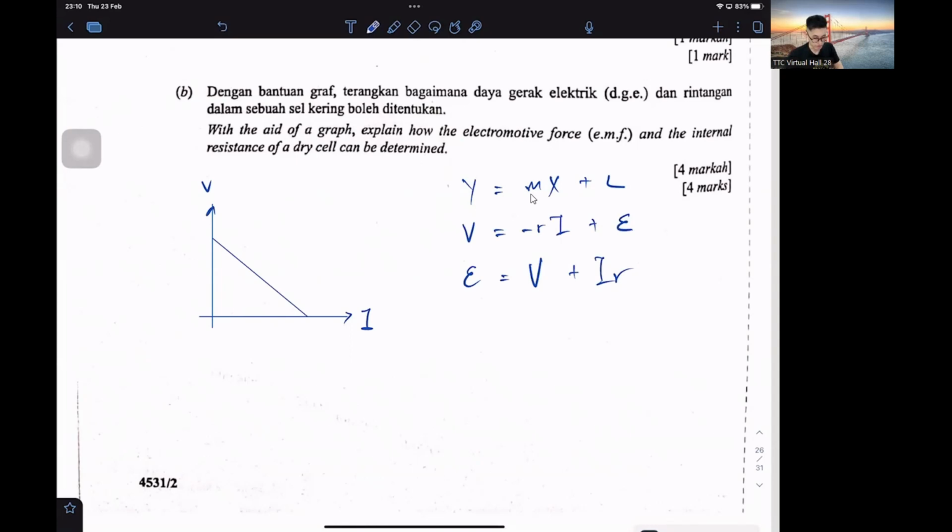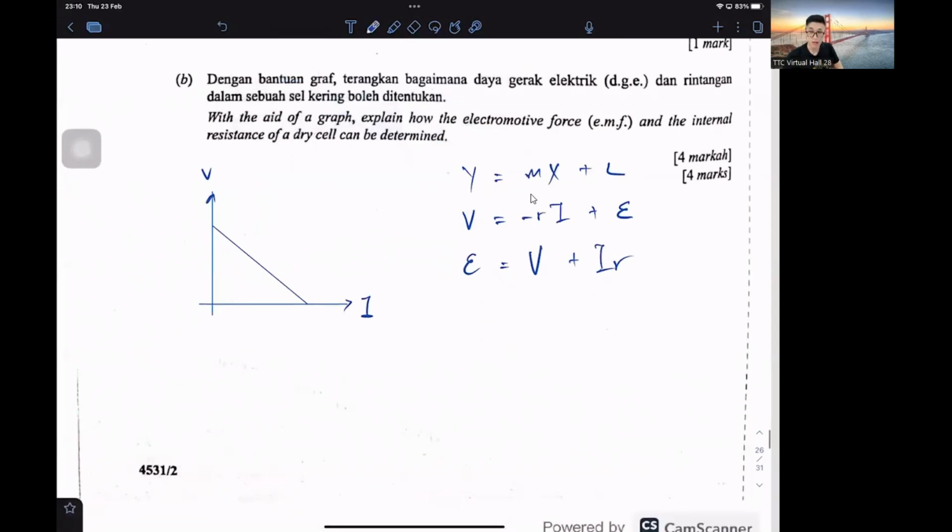So then you can tell them the EMF is the y-intercept.